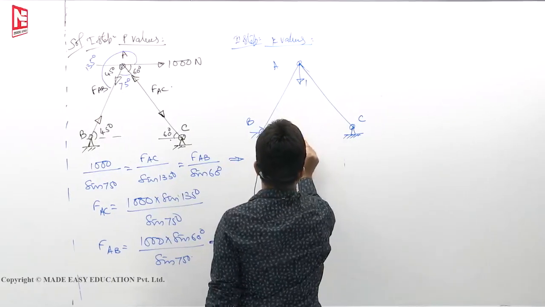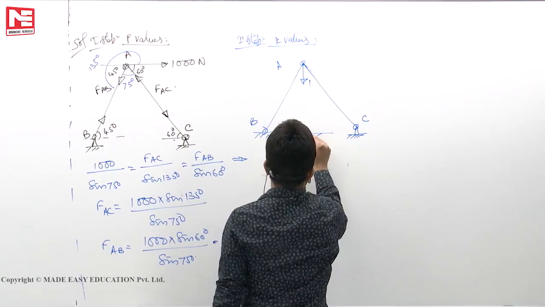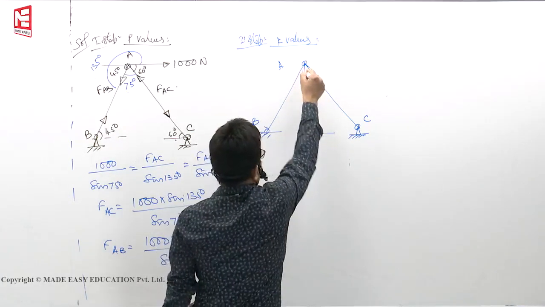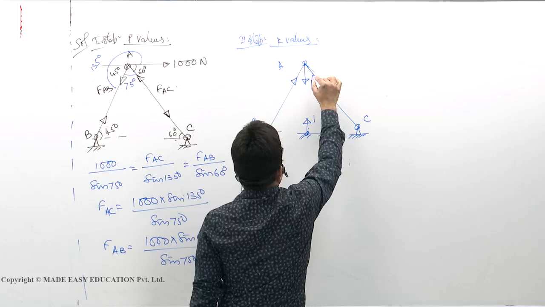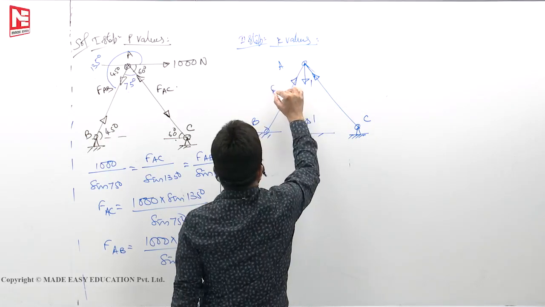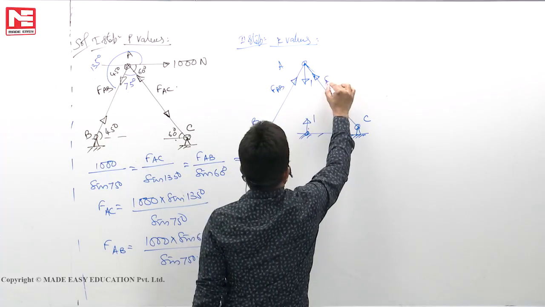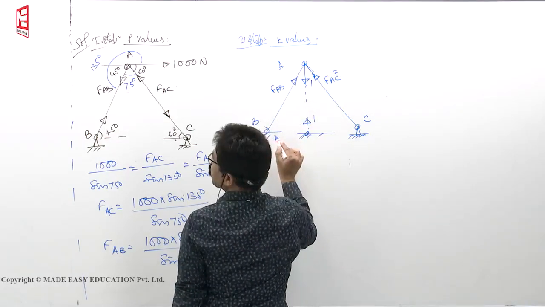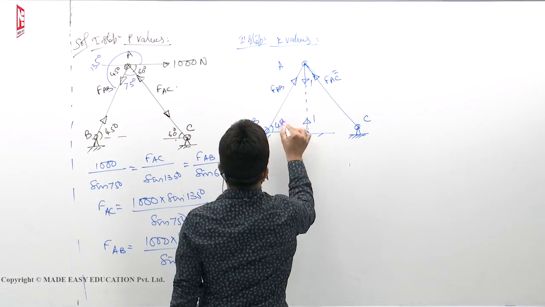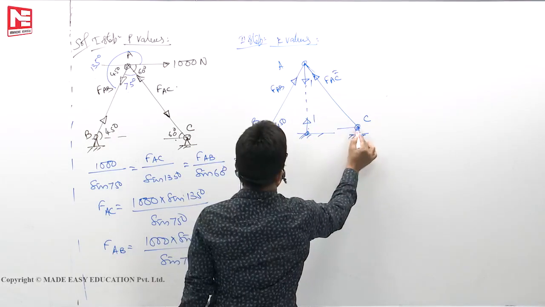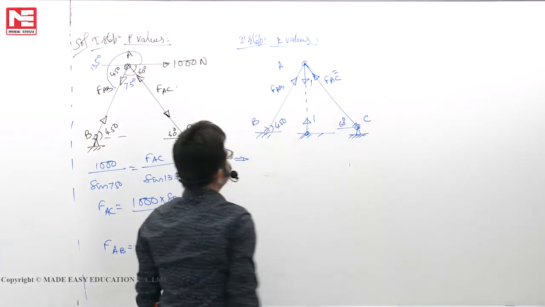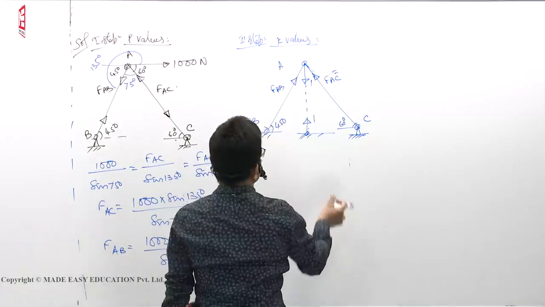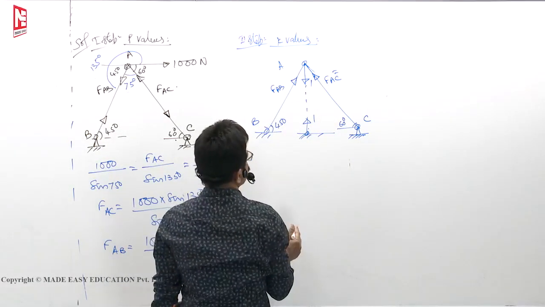So 1 here, here also 1. This is of no implication, only this down. 1 down means this will be up. This is FAB, FAC. This angle is 45 degrees. This is 60 degrees.